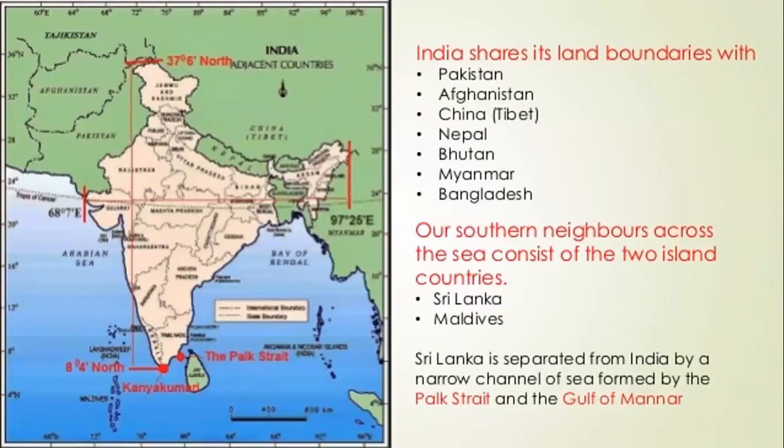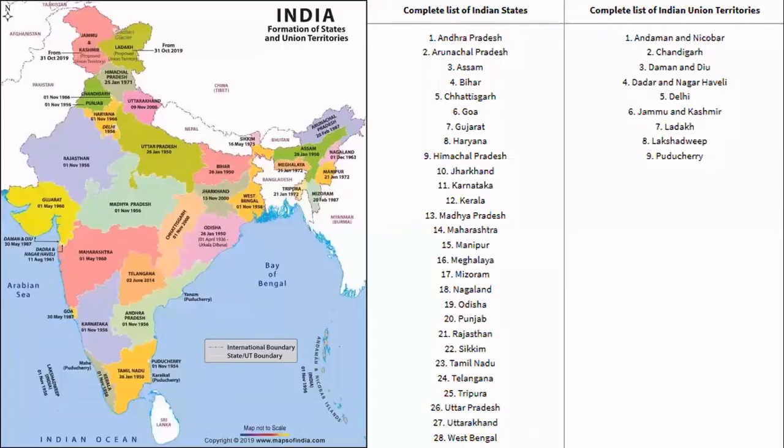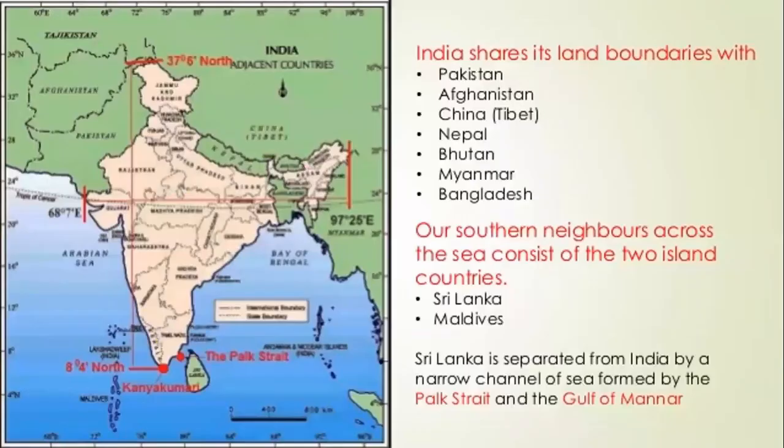India occupies an important strategic position in South Asia. This was just told to you some time ago. India has 29 states and 7 union territories. Okay, it's now 28 states because Jammu and Kashmir is no longer a state.